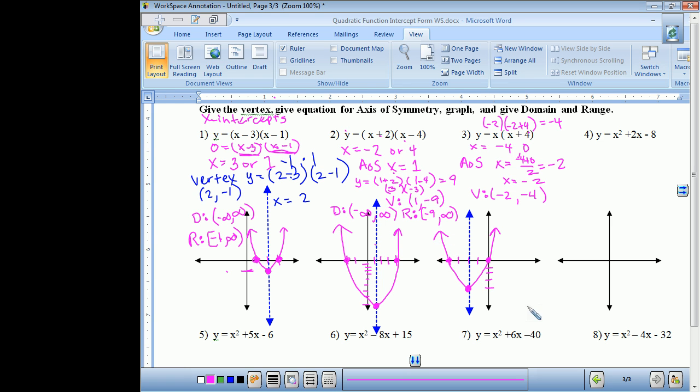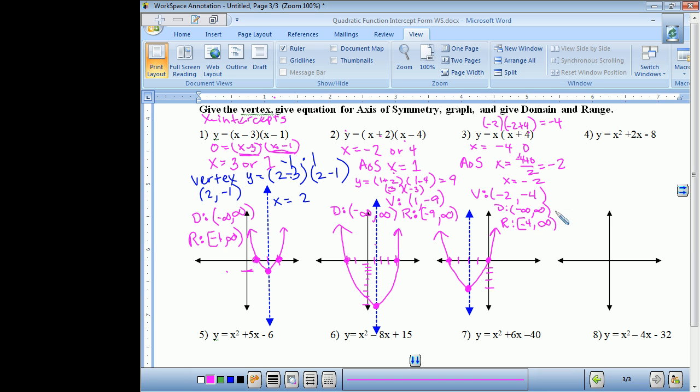Okay? Now every time the domain is from -infinity to +infinity, and this time our range, all the y values from least to greatest. So -4 to infinity. Now today, in this class, we're only going to practice parabolas that open up.